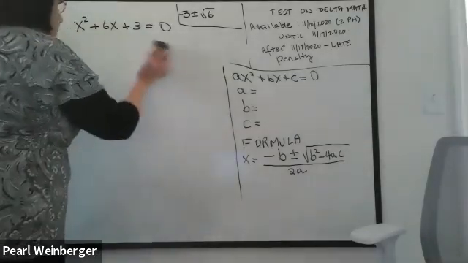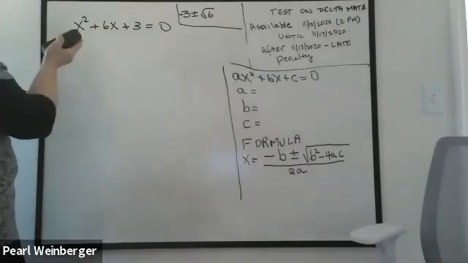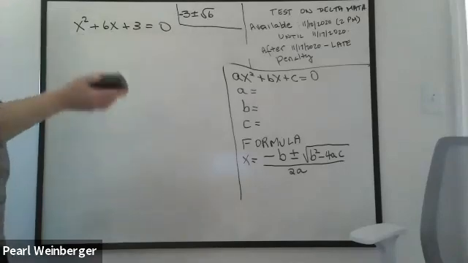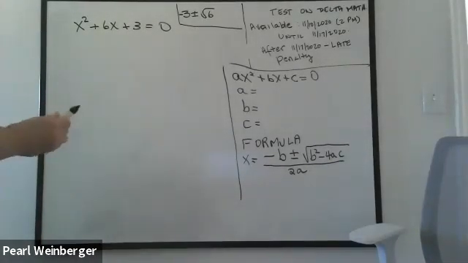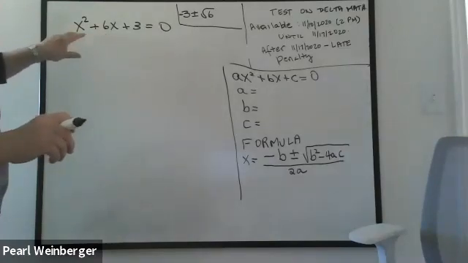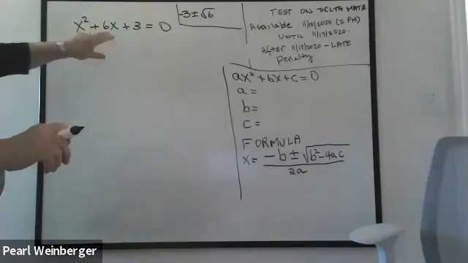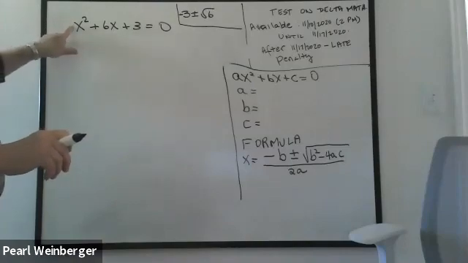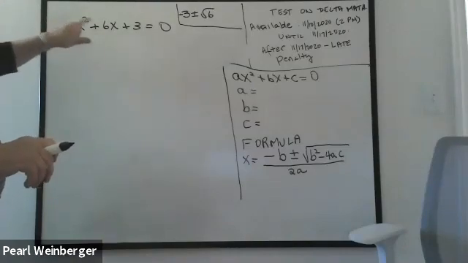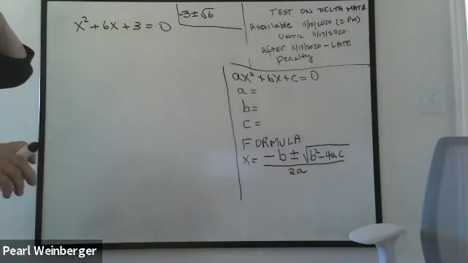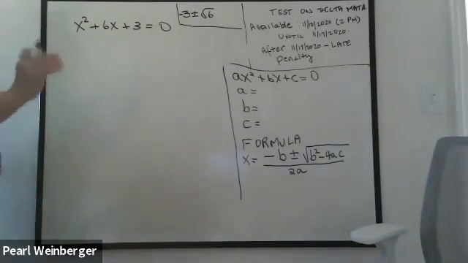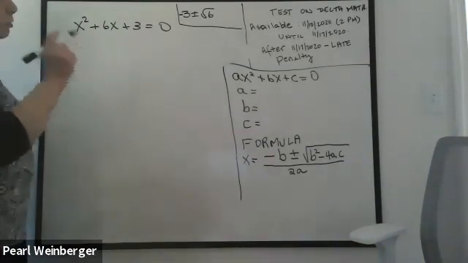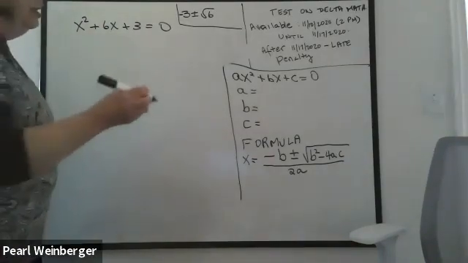Use the method you like best that makes sense. Obviously, you can't use factoring on a problem where it doesn't factor. And you're not going to use completing the square where you don't have a leading coefficient of 1 and an even coefficient of the x. But the quadratic formula you could use in any case.